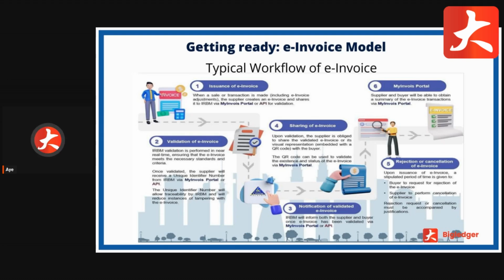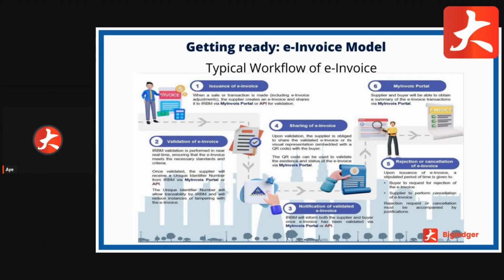Okay, so next part, I will talk about how to do the preparation for the e-invoice. First, you need to understand the workflow of the e-invoice. This is the overview workflow. First is the issuing of the e-invoice. As a taxpayer, if you are the supplier, you must issue an e-invoice for your buyer.